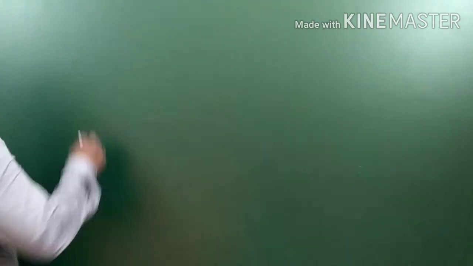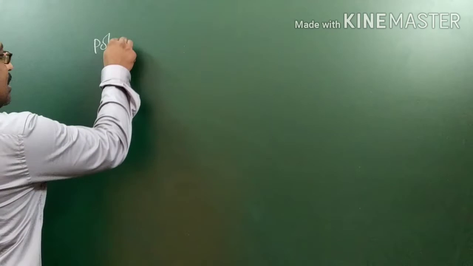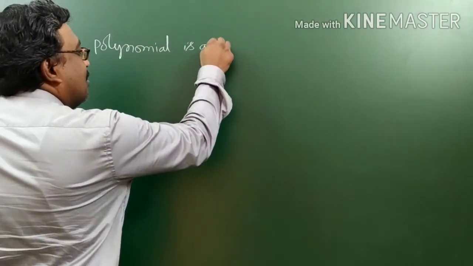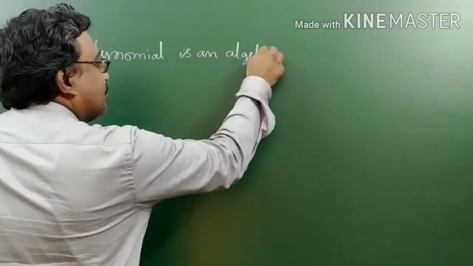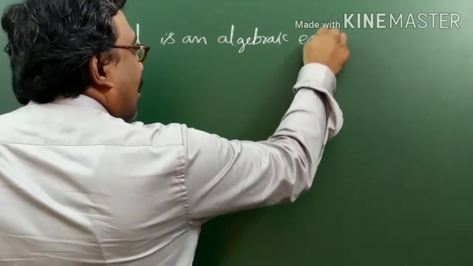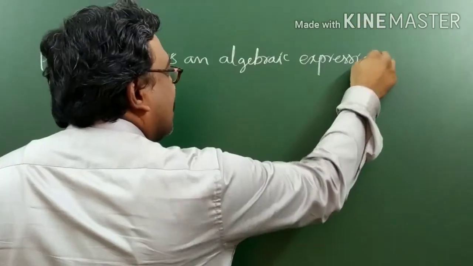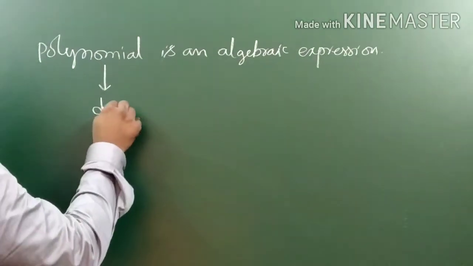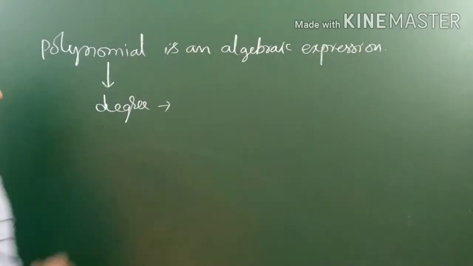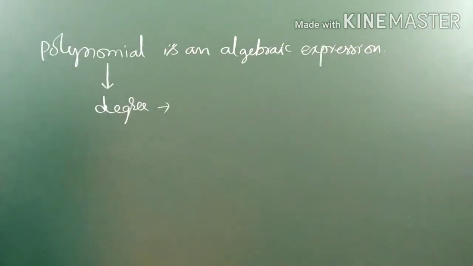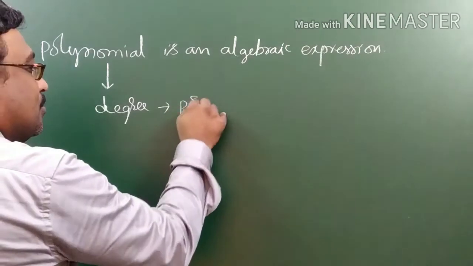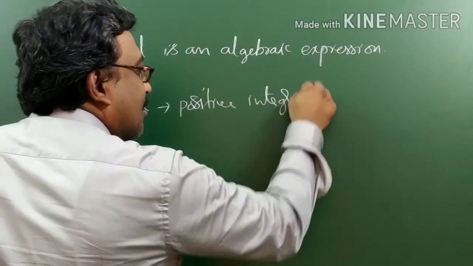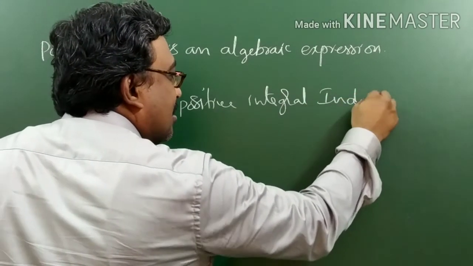Now we'll discuss first polynomial. A polynomial is an algebraic expression. In this polynomial, the degree means the positive integral index.